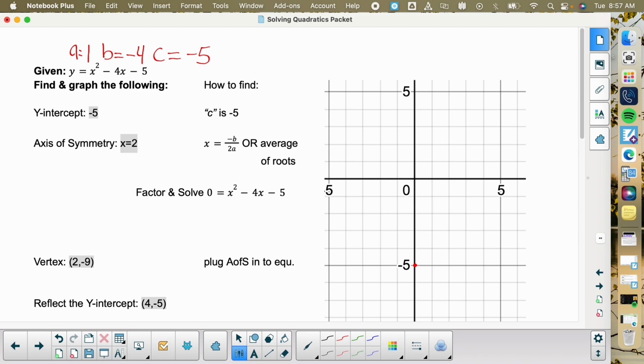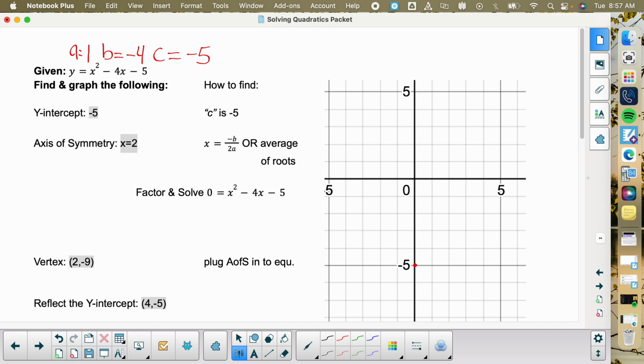Okay, now the next part is where we have some work. Do you remember how to find the axis of symmetry? The answer's there obviously, but how did we get that answer? You take the opposite of B, -4, which is positive 4. And then 4 divided by 2a, which is 4 divided by 2 times 1.